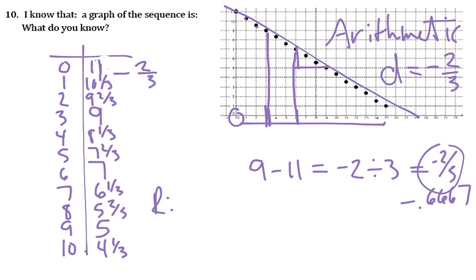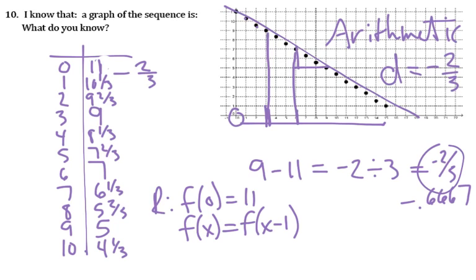So recursive equation would be f of 0 equals 11, f of x equals f of x minus 1 minus 2/3. Our explicit would be y equals, we start at 11, subtract 2/3, x amount of times. And we are done.